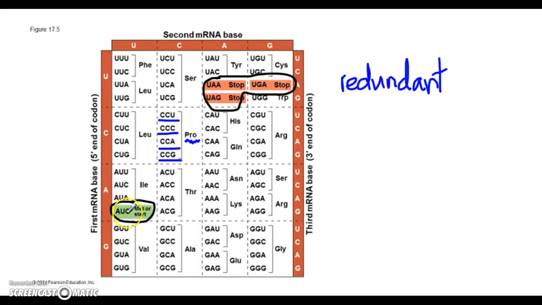So we always have this at the very start and these at the end, as our signals. AUG codes for start, but it also codes for an amino acid. So you'll see methionine not just at the start, but sometimes proteins have methionine at various places.